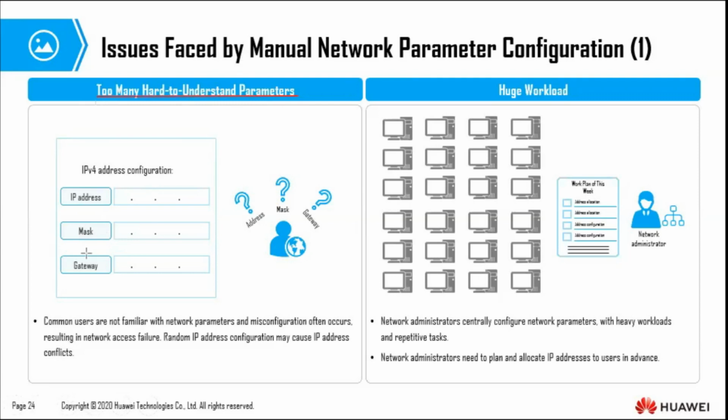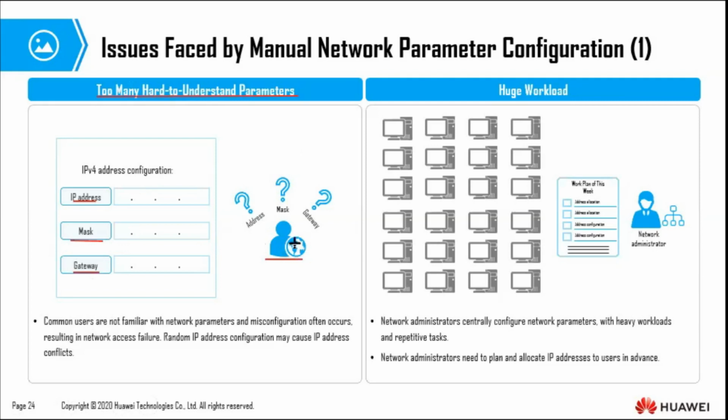And other students had a lot of trouble, non-IT students, because they couldn't understand all these things. You had to configure an IP address, a mask, and a gateway. We also have other parameters sometimes that you need to give. All those parameters might be difficult for your end users to know how to configure.